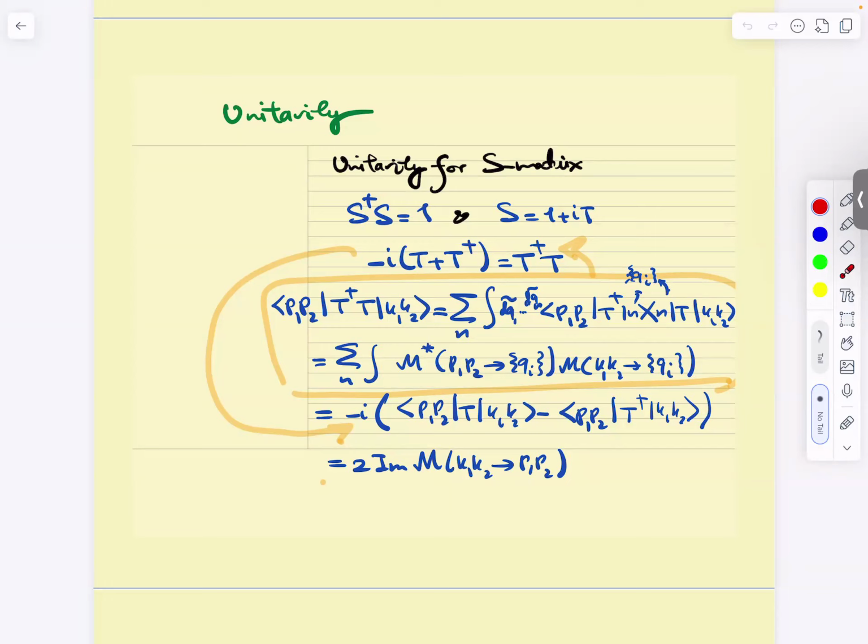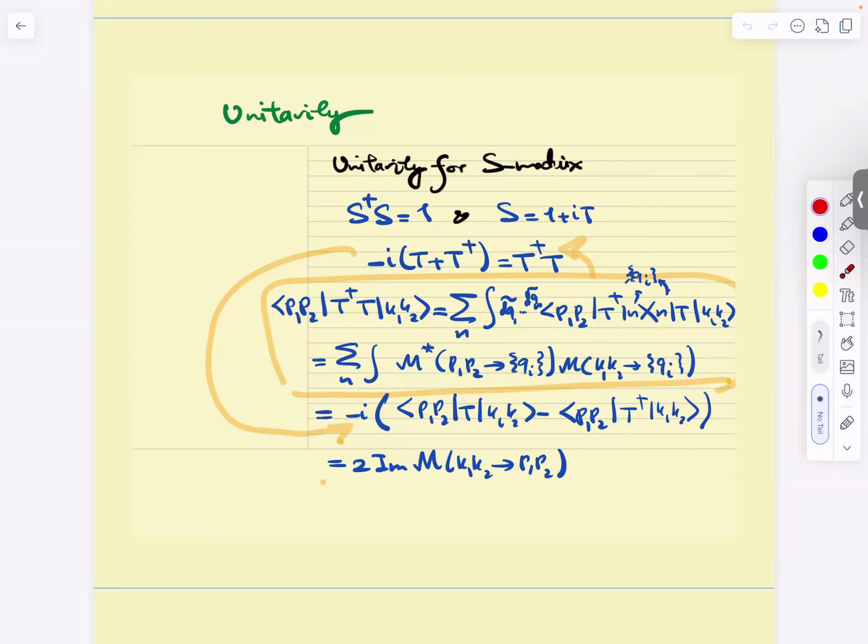Actually, no. First, what I've done here is that I'm taking the right-hand side and just expanding it. What I do is first I put the resolution of identity.